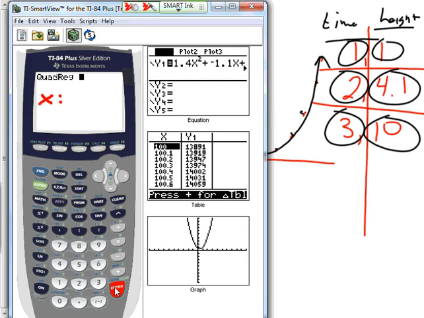X and Y. Okay, and X comes from L1, Y comes from L2. Frequency, that means what do you want to count by? You can skip that one. Store the regression. Store, and you'd store it where? Y1. And where do you get Y1? That comes from vars. So if your operating system has a list there, that's what you do.